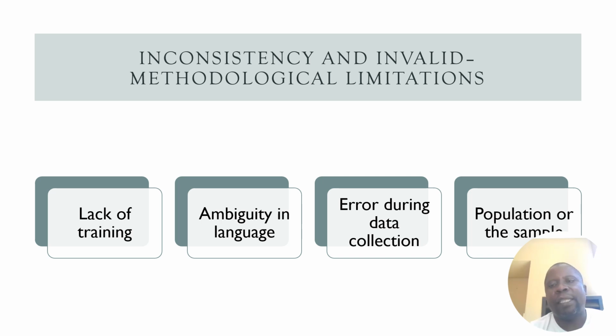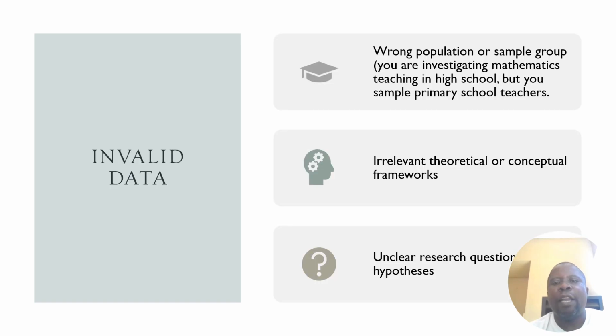Then the sample size and the population are very important, so that whenever you are collecting data you use the right target population. If you are investigating teaching mathematics in high school, you cannot go and sample primary school teachers, otherwise your data won't be valid.